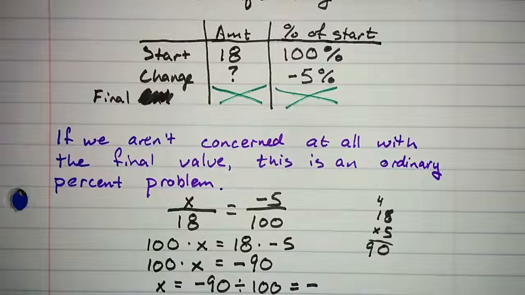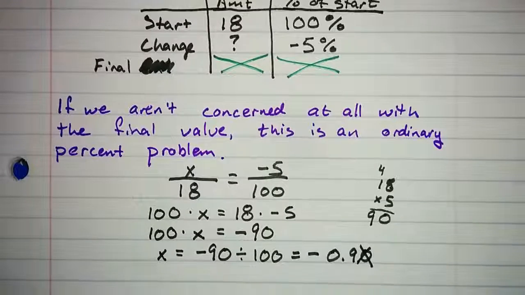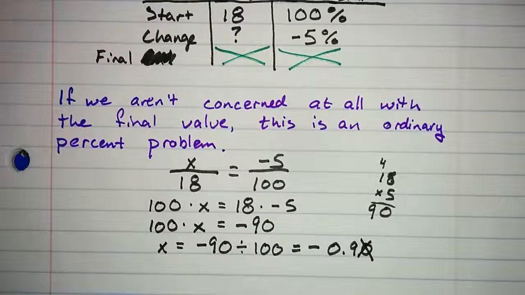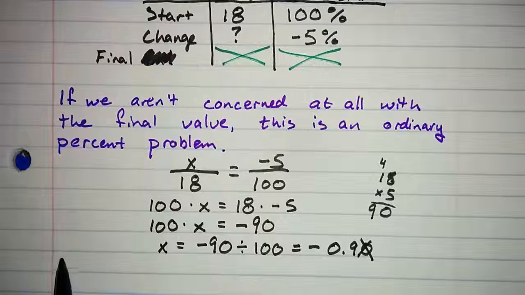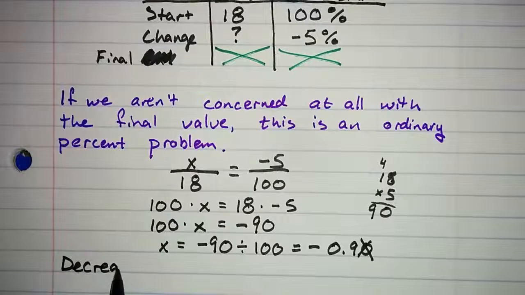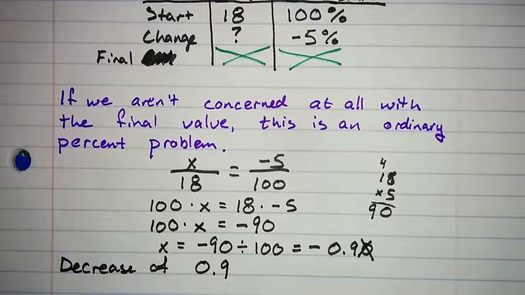Answer is negative, of course. 90 divided by 100. I want 2 digits after the decimal point. 0.90. Don't necessarily need that trailing 0. So x is -0.9. This is a decrease of 0.9.